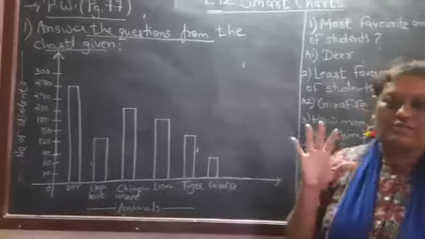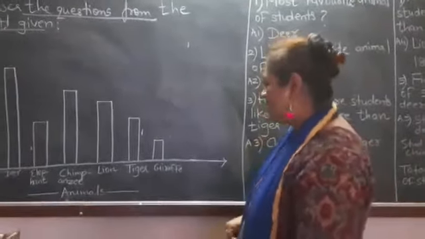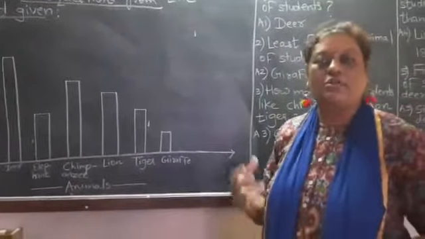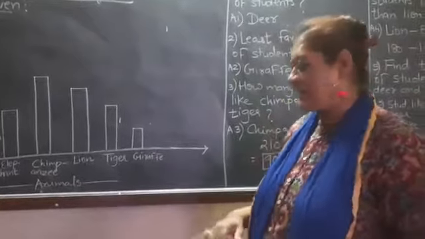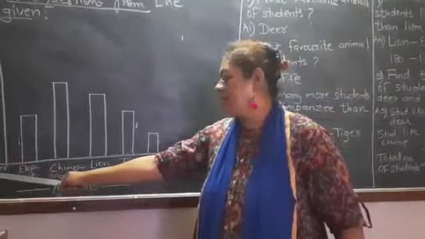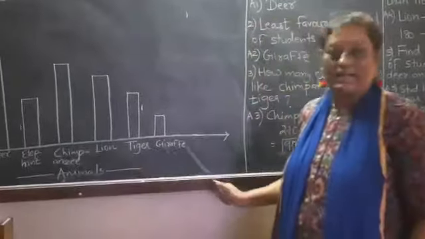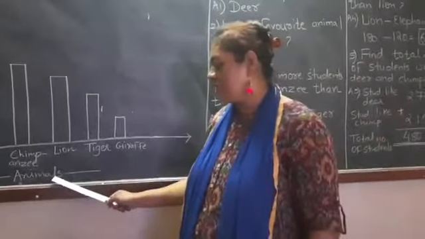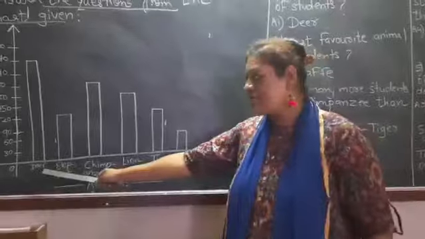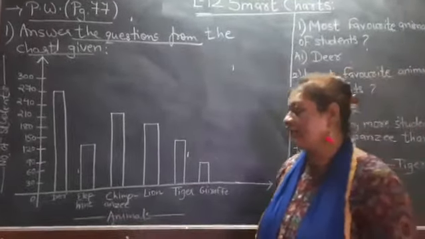I'm not going that much into the detail of the chart, but whenever we have to write the names of particular animals or months or weeks, it is written on the sleeping line or horizontal line. I have written the names of animals on the horizontal line. This is already given in your practice work as a part of the sum along with the questions.